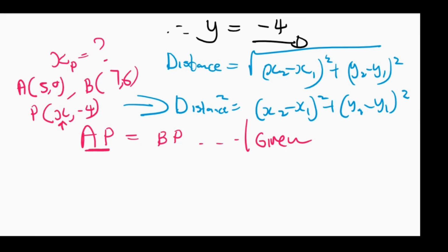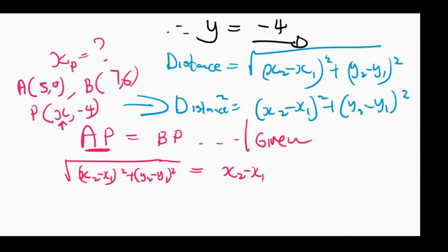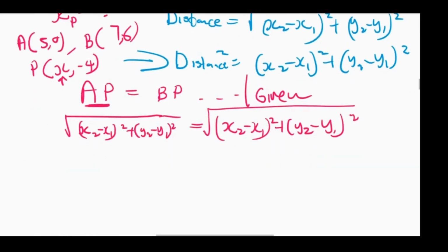We know very well that this distance is equal to the root of x2 minus x1 all squared plus y2 minus y1 all squared, which is equal to the root of x2 minus x1 squared plus y2 minus y1 squared, right? So this is the square root of AP. This is the distance of BP, right?